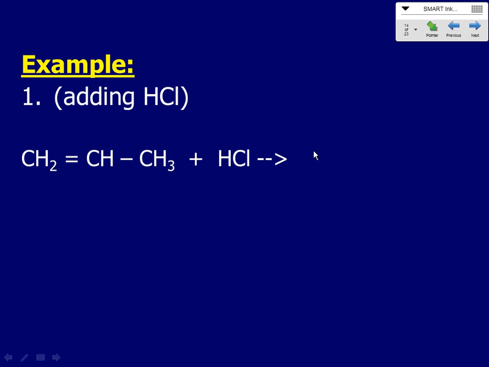So we end up with CH2, and it gets the H on it, which means it's just a CH3. But I'm going to draw it like that so you can see what's happening. We've got a CH, and it's going to get the chlorine, and then we've got CH3. Now, I'm going to write under here major product.